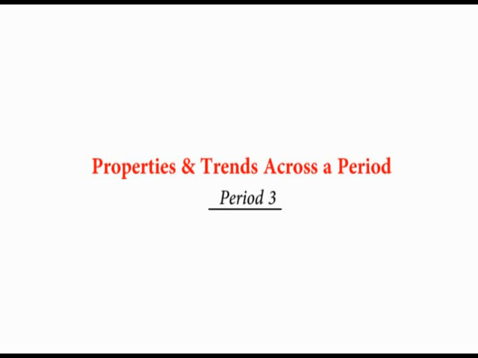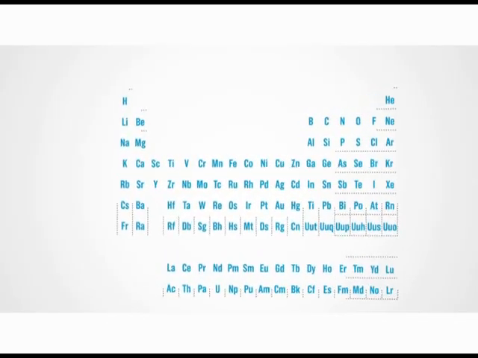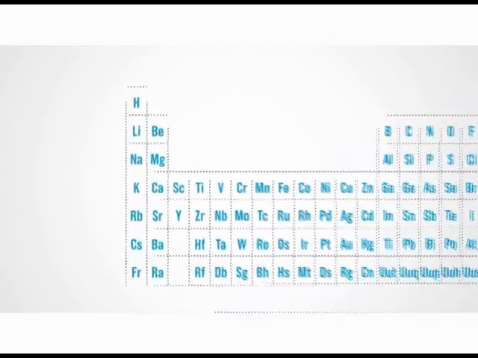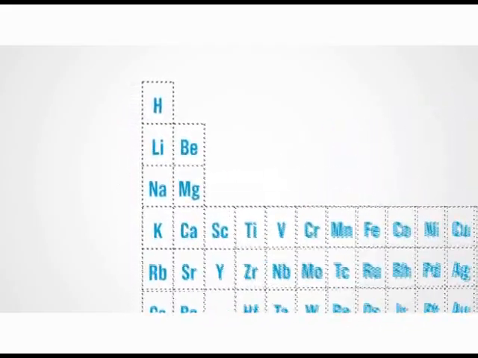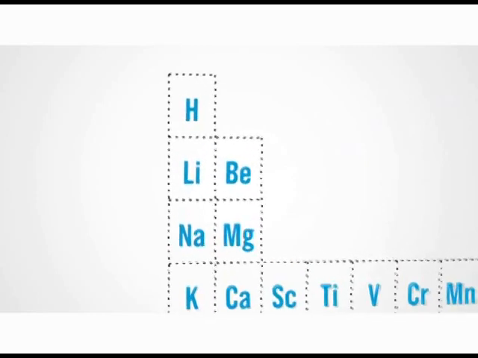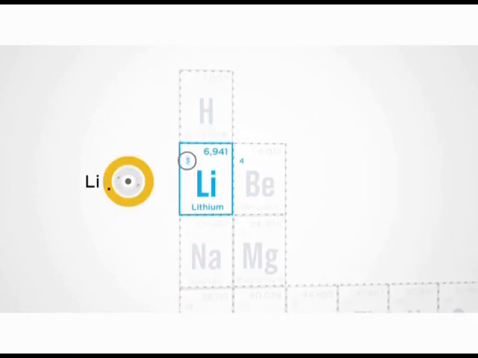Now we look at properties and trends across a period. As we have discussed earlier, elements in the same period have the same number of occupied energy levels. As you move across the period, the number of electrons in the outermost energy level increases by 1.